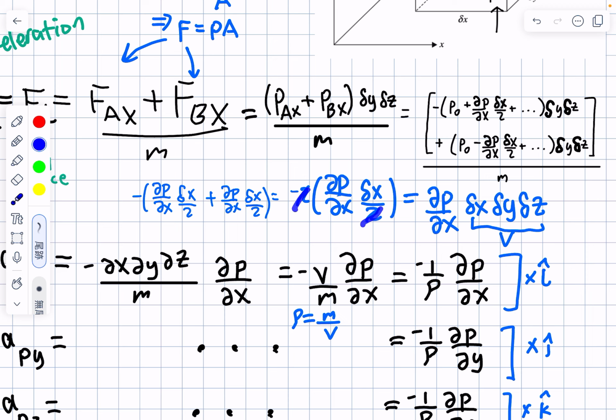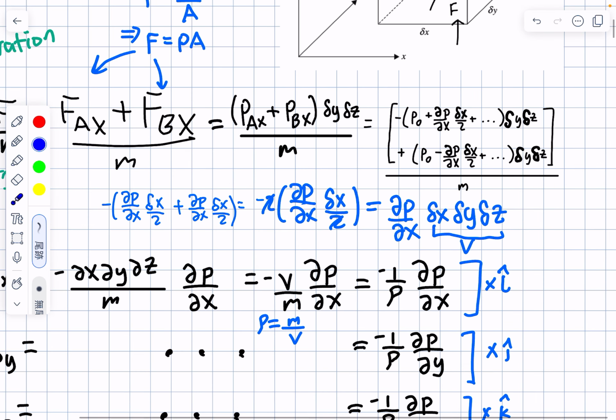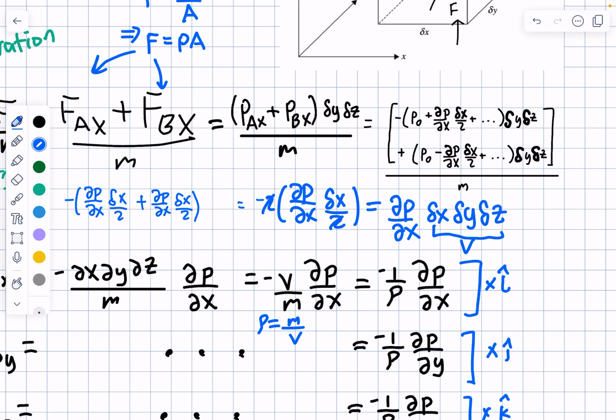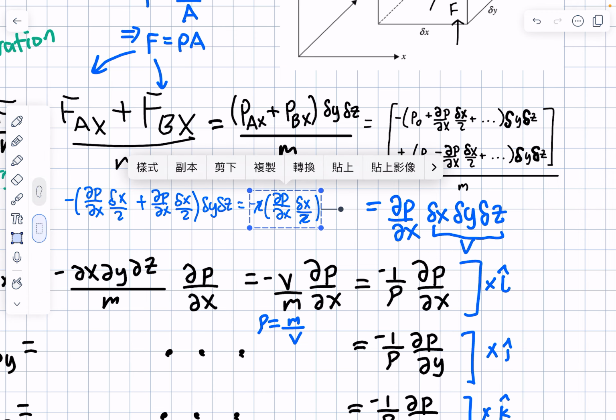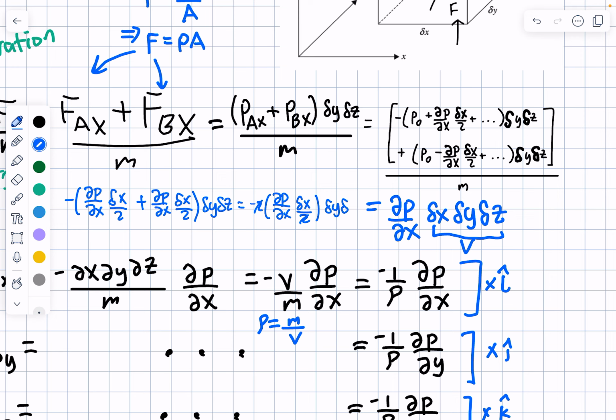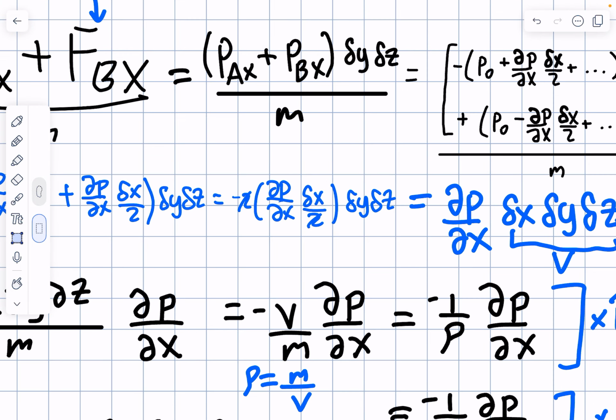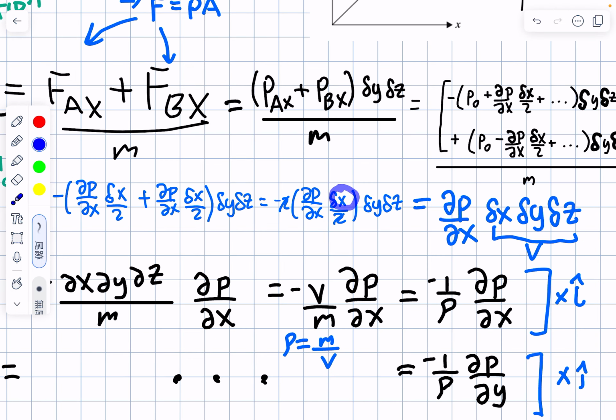The 2's cross out, and we're left with this negative partial p partial x delta x, and we forgot to include the area, so let me do that: delta y delta z. We're left with, yes, the delta x is still here, and so we can take that out. We have partial p partial x times delta x delta y delta z, and hey, that's just volume.